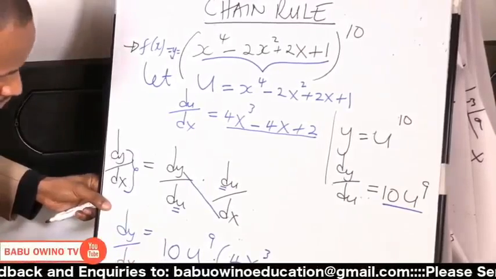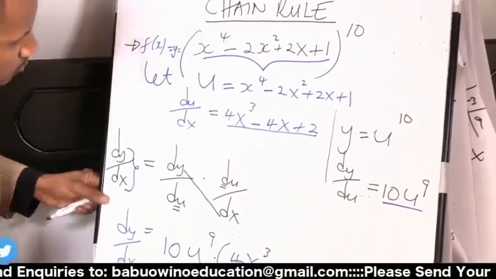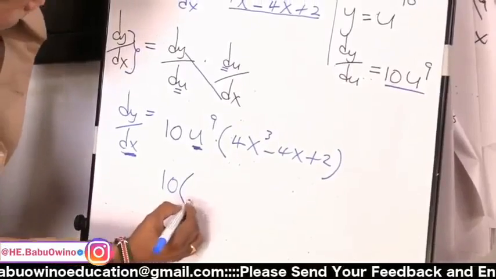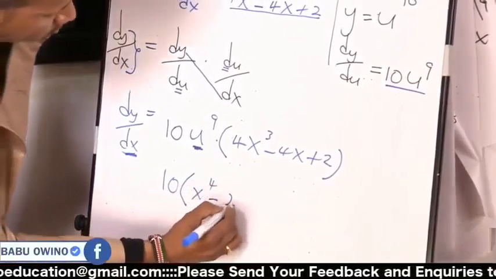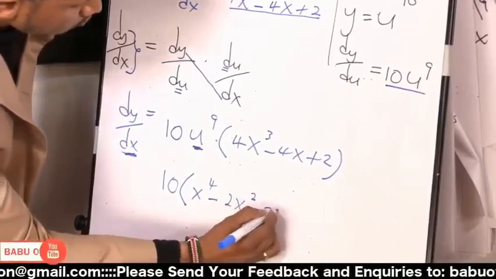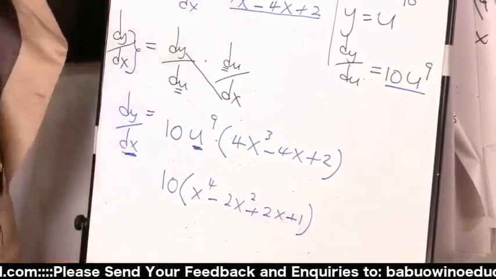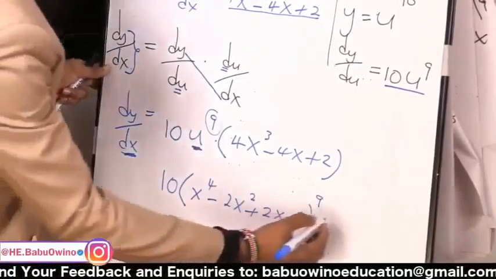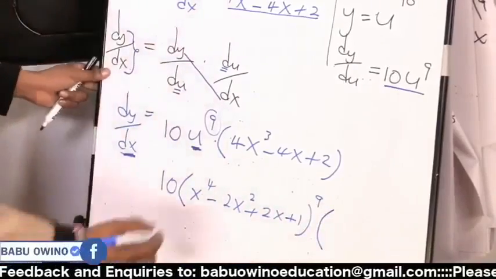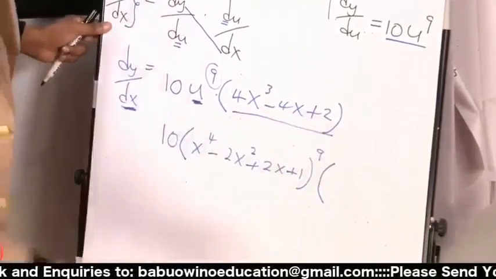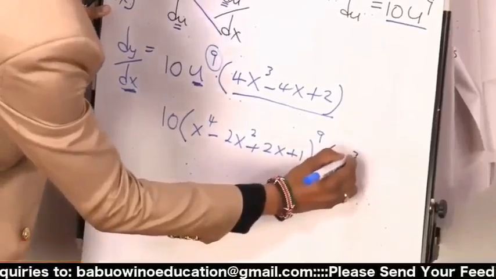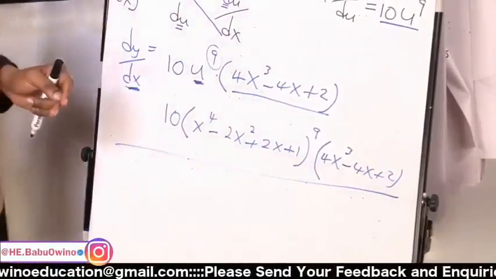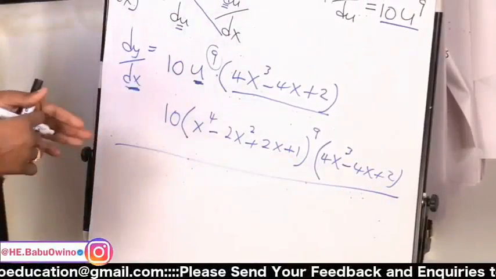So we substitute u, which we said is x raised to power 4 minus 2x squared plus 2x plus 1, but raised to power 9. Then you multiply by du dx, which is 4x cubed minus 4x plus 2. And that's our answer for the chain rule. Very simple. We take one.